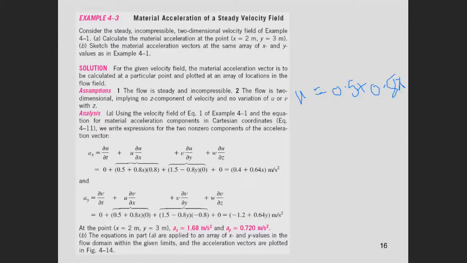And v is equal to what? 1.5 minus 0.8y. This is v and this is u, right? He wants the acceleration at this point. Now, where is the acceleration, guys? In the exam, if something like that comes to you, you will be provided the acceleration.